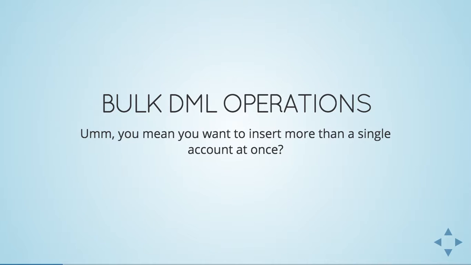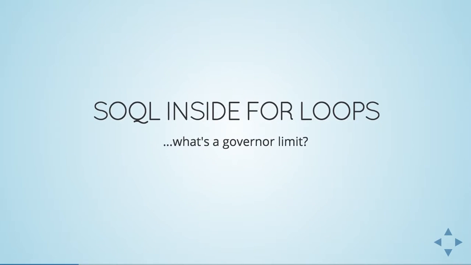If you have some sort of process that assumes you're only going to be dealing with a single record, you can run into a lot of problems. Another common misstep is putting SOQL queries inside for loops. So this is a great way to blow up your governor limits.